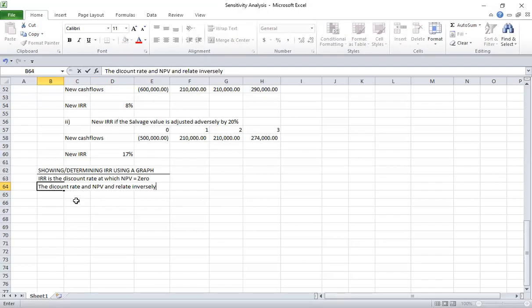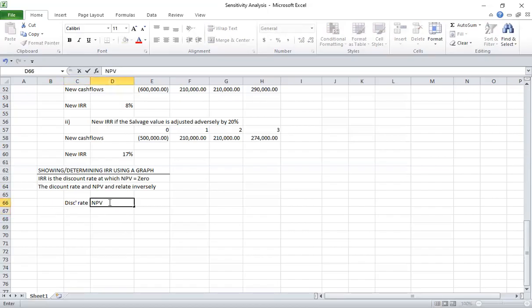Allow me to have a comparison between the discount rate and NPV, so I will do 2 columns in which I want to make that comparison. This is the discount rate, and here is NPV.